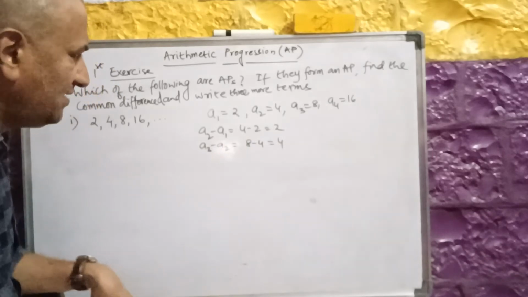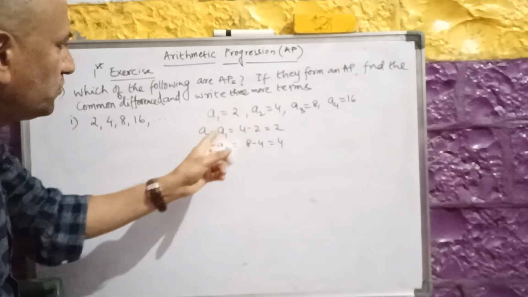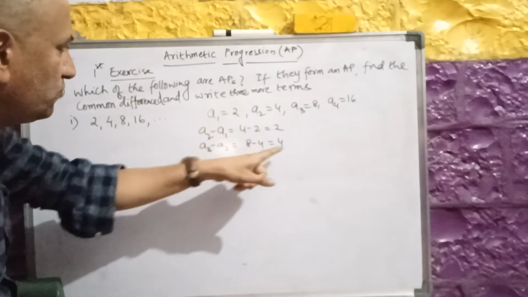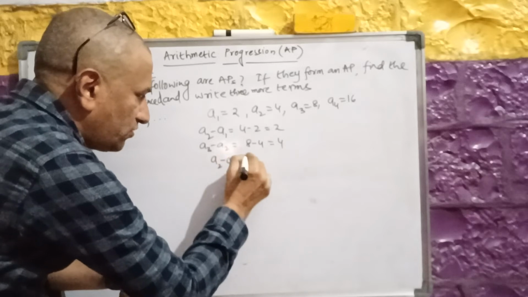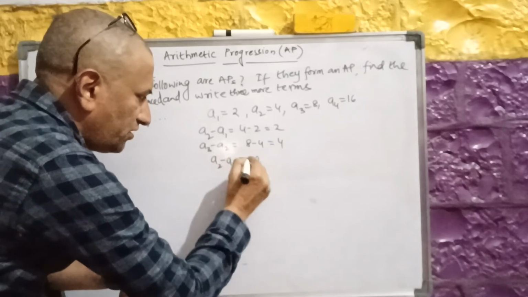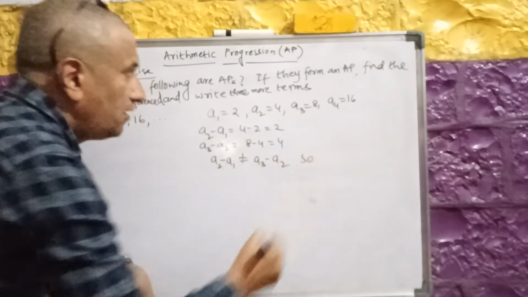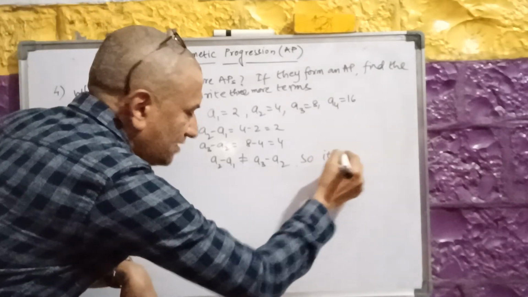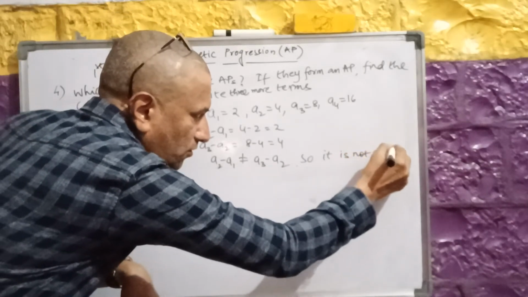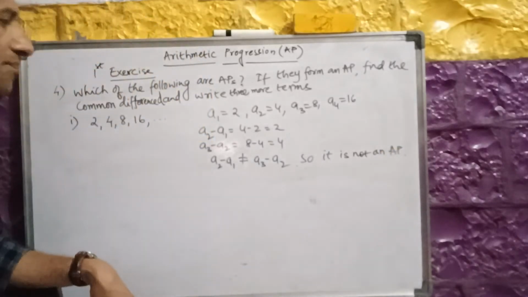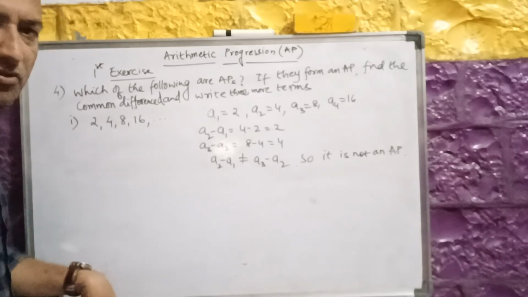We don't need to move further, because the difference between two consecutive terms, A2 minus A1, is 2, but A3 minus A2 is 4. So 2 is not equal to 4. Since A2 minus A1 is not equal to A3 minus A2, the given list of numbers does not form an AP. This is how you need to check whether the given list of numbers forms an AP or not.